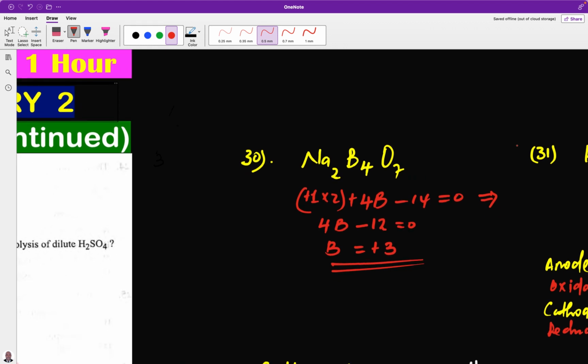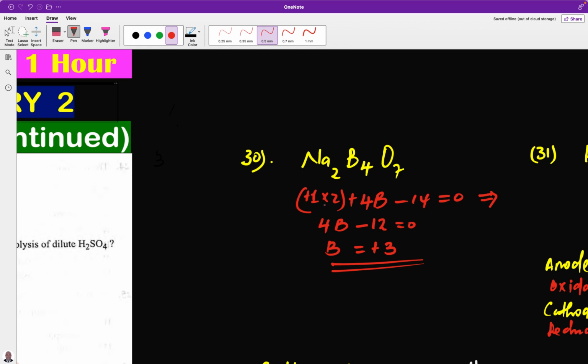For question number 30, Na2B4O7. You know that the rule says that sodium has an oxidation number of +1. Oxygen has an oxidation number of -2. We don't know for boron.